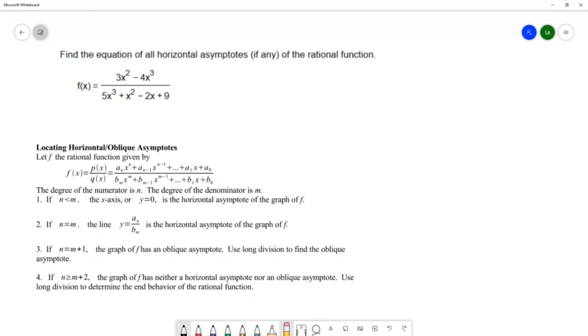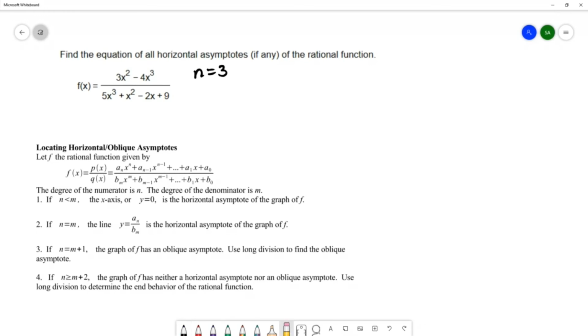So we need to know the degree of the numerator. So I'm looking at the powers of x. On the first term, we have a power of 2, and on the second term, we have the power of 3. The degree is not the power that's in the front, it's the highest power. So we have a degree of 3 for the numerator.